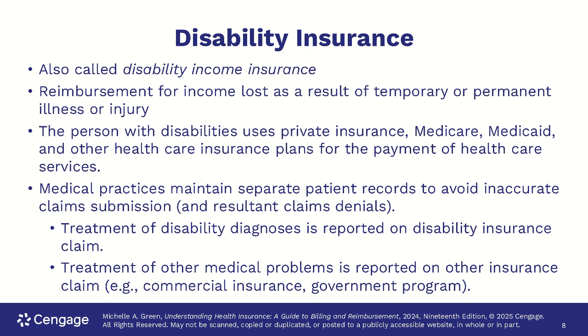Disability insurance, also known as disability income insurance, is reimbursement for a loss of income as a result of, watch this, temporary or permanent illness or injury. Disability insurance does not pay for health care, but it provides financial assistance to people who have disabilities.